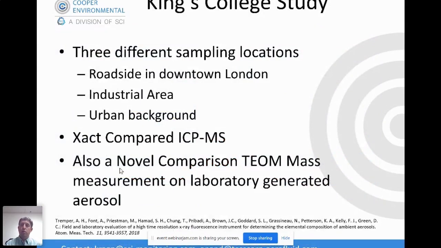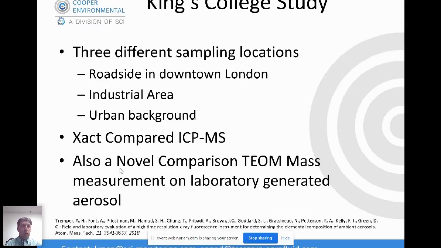Now the final study that we'll be talking about is the one that was done by King's College in London. This study involved sampling with the Xact and a reference method sampler at 3 different sampling locations. One was at a roadside site in downtown London. One was in an industrial area outside of London, and then one was at an urban background site, also in London.